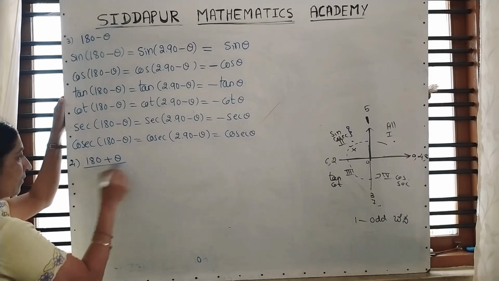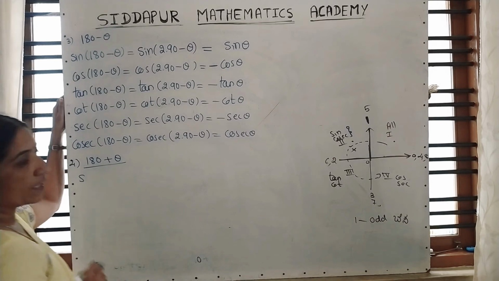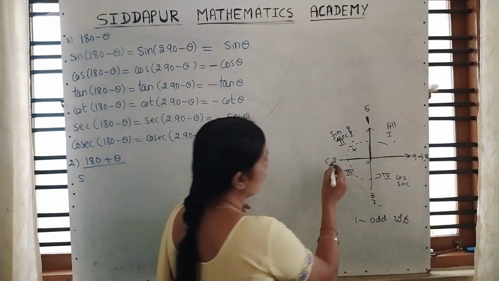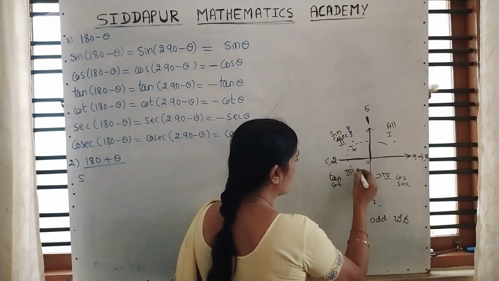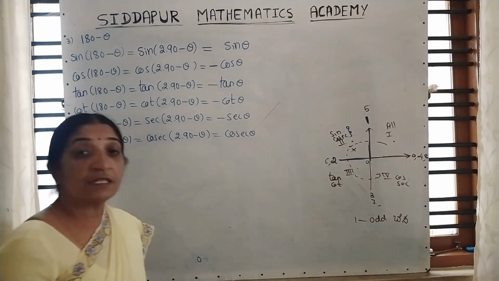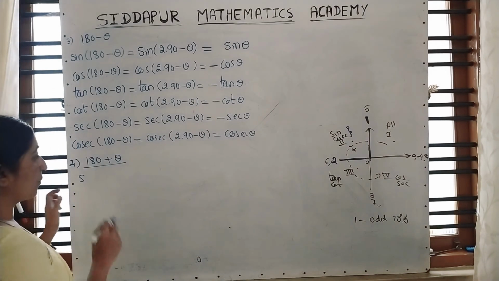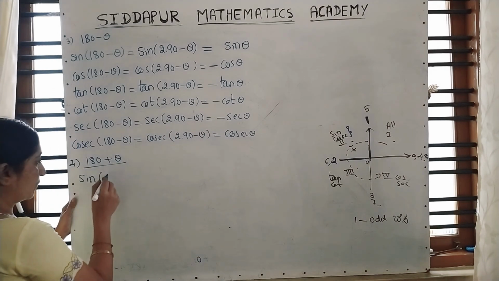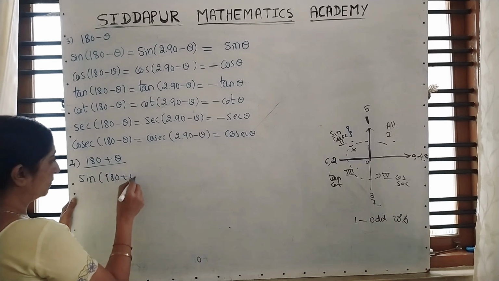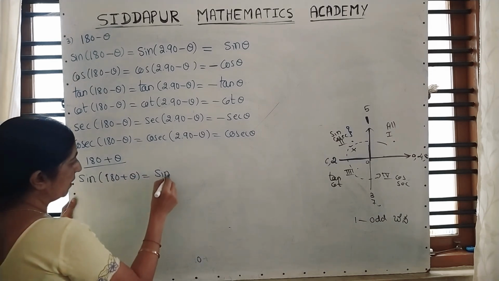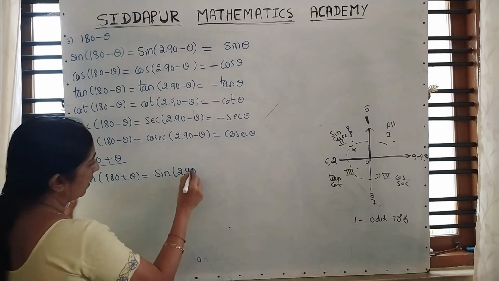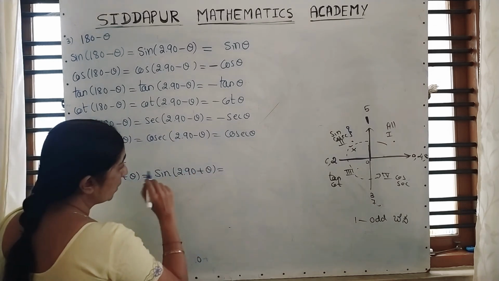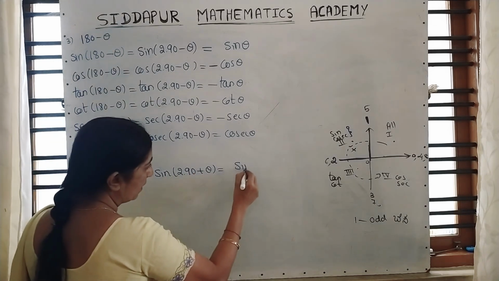180 plus theta. First see in which quadrant 180 plus theta comes. This is 2 into 90 plus, the third quadrant. In the third quadrant, tan and cot are positive. Note that down. Sin 2 into 90 plus theta. 2 is even, sin remains sin.